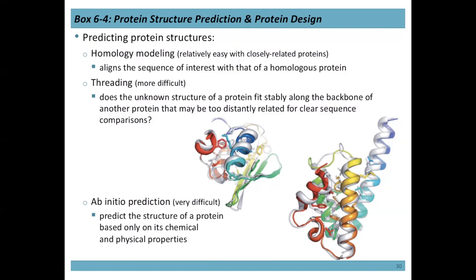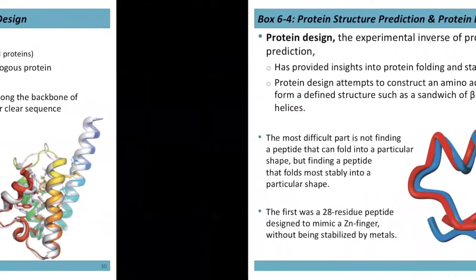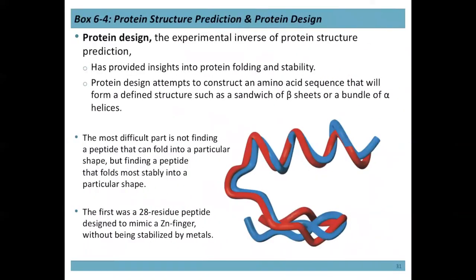I'll let you read about that, and then there's ab initio, which is just calculating from first principles. That's very difficult to do because you essentially have to test all possible conformations, but they are getting better at it. And then on the flip side is protein design. Can I come up with a sequence of amino acids that will fold into a defined shape?